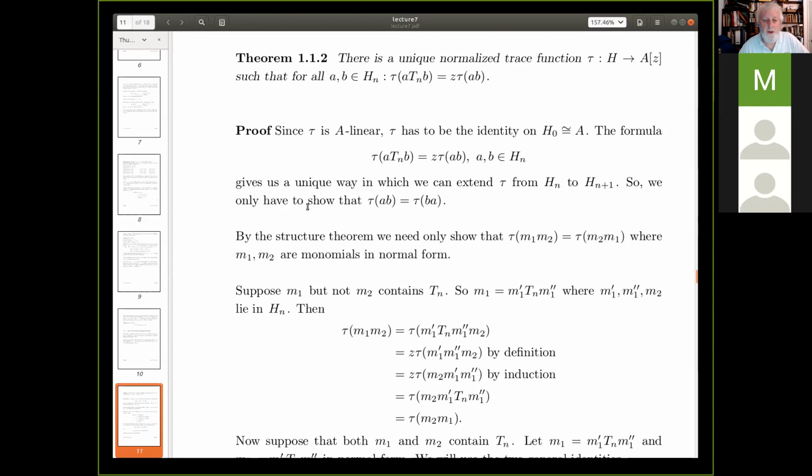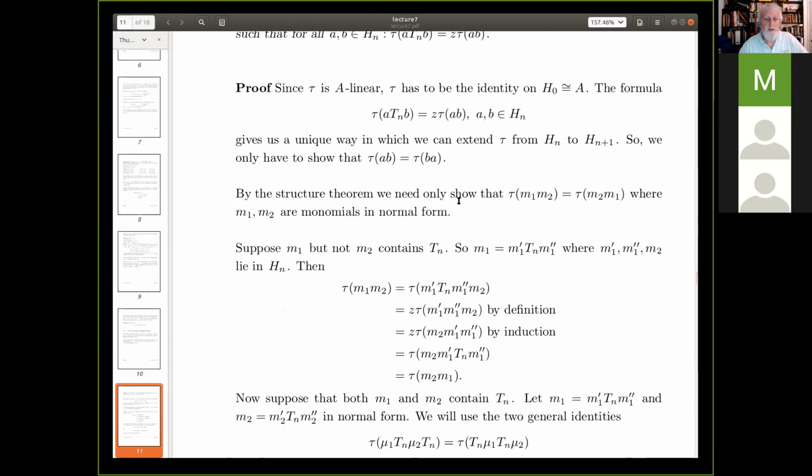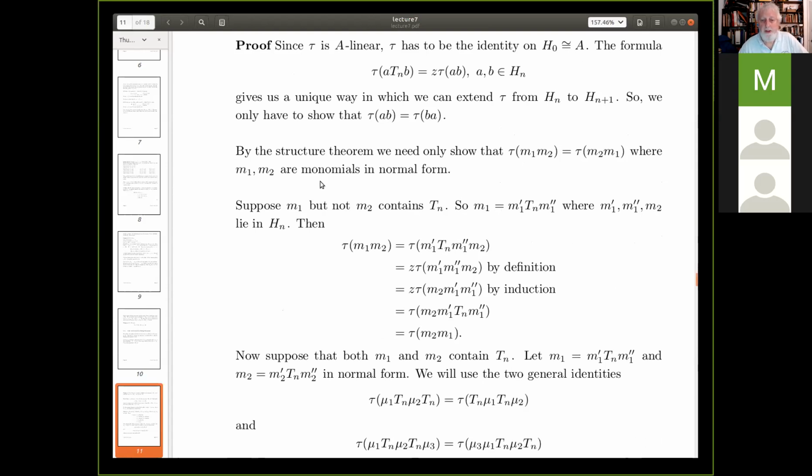We only have to show that it is a trace function, that tau AB is tau BA. So a bit of checking here, and then there's various cases. We need to show that it's true for monomials in normal form, and there's a couple of cases. Supposing M1 is this, then this is that, Z times that.